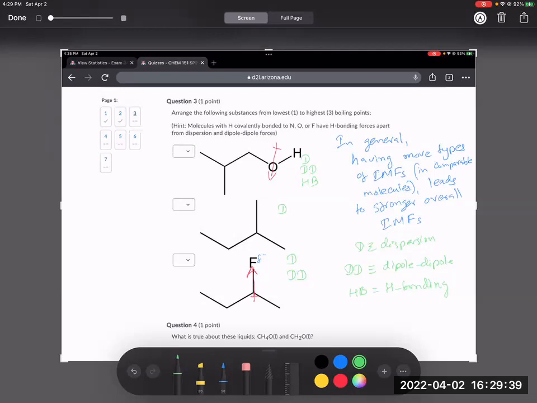Strongest intermolecular forces means you're going to have higher boiling point, higher melting point, higher density, higher viscosity, and then a lower vapor pressure, lower volatility, and so forth.